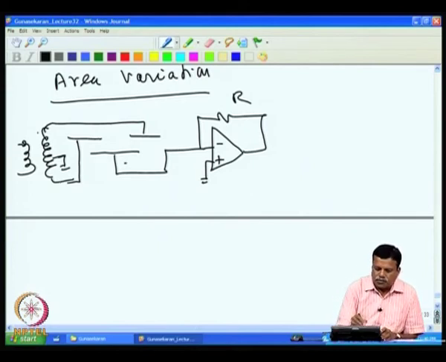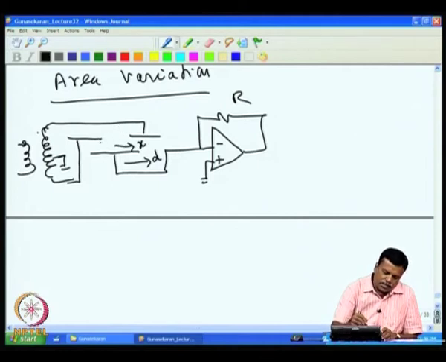Now, this is the moving plate, it moves with displacement. So, when you move this plate, for example, if I move like this by x, then the area under this is coming down, and the area under this is increasing. So, you have two plates P1 and P2.